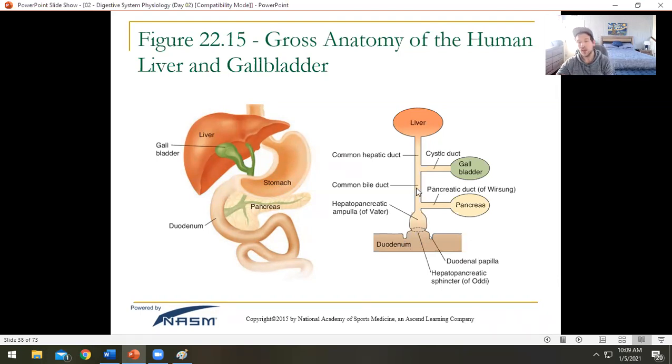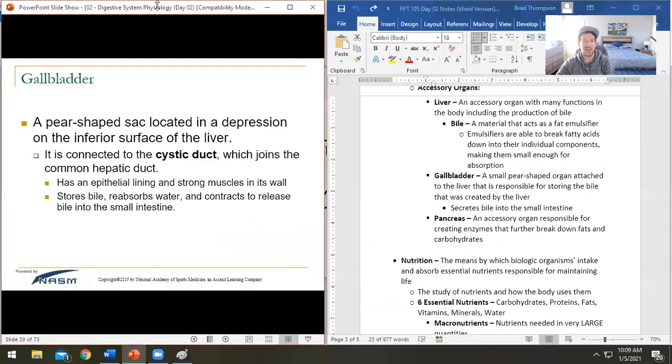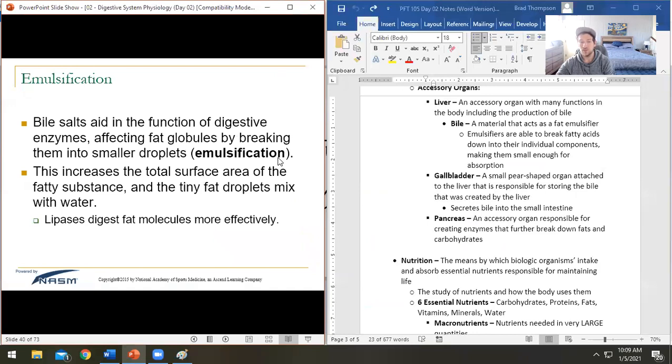So they share a little tube here. But like I said, the gallbladder is a little pear-shaped sac, just below the liver, and its job is to secrete that bile. And so it does this process of emulsification.